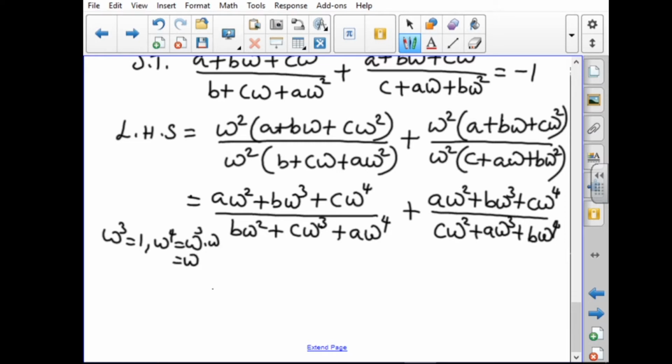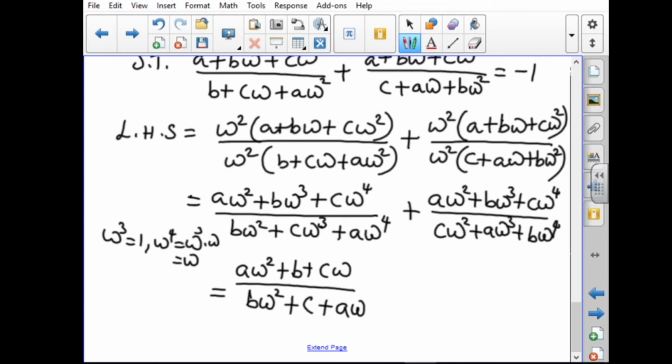So now we can write here as (a omega square + b + c omega) divided by (b omega square plus c plus a omega). Before moving to this, let us take omega outside in the numerator.